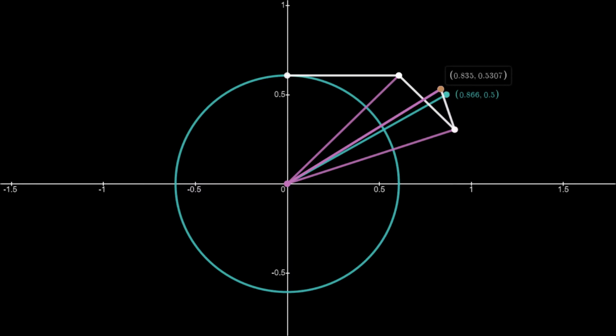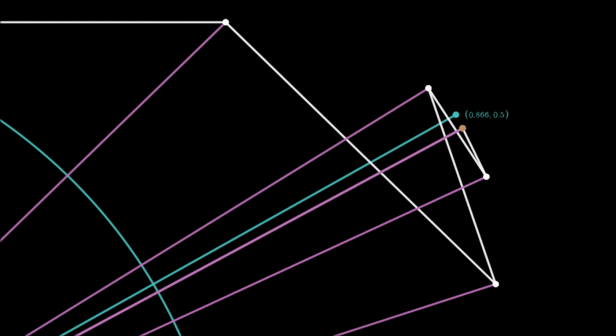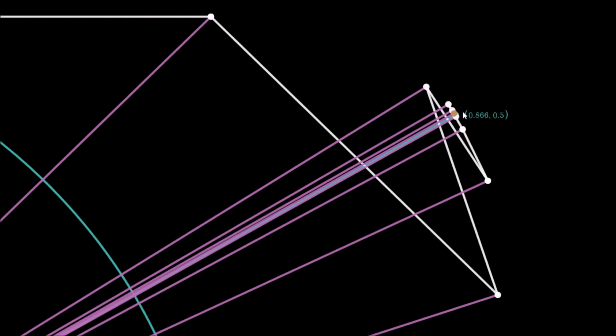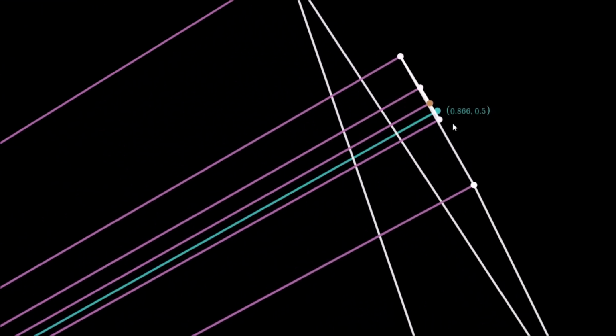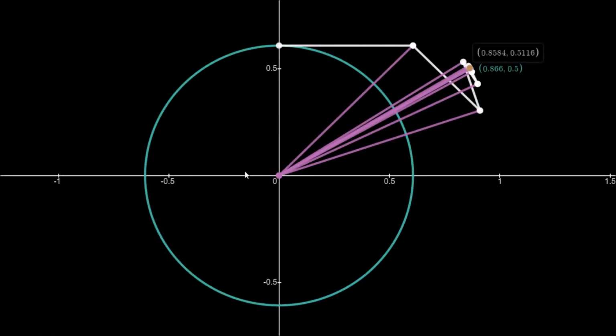I'll go ahead and do the rest of these rotations now. Finally, you can see the approximation we've made. The correct x distance is 0.866, and our approximation after our 9 iterations is 0.8645.